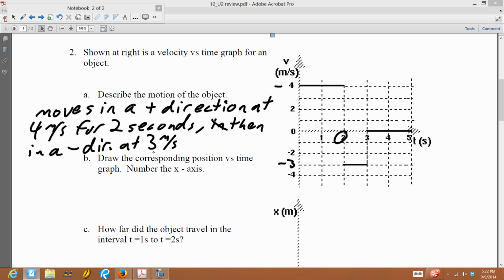And I'm not going to put a negative redundantly in front of the 3 because I already said negative direction. I don't need to state the direction twice with a minus in front of the 3 and a minus out here for 1 second. Okay, and then it stops.